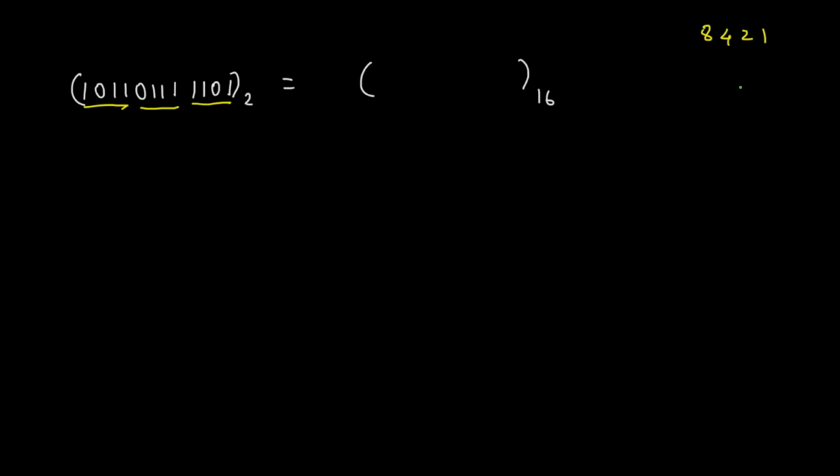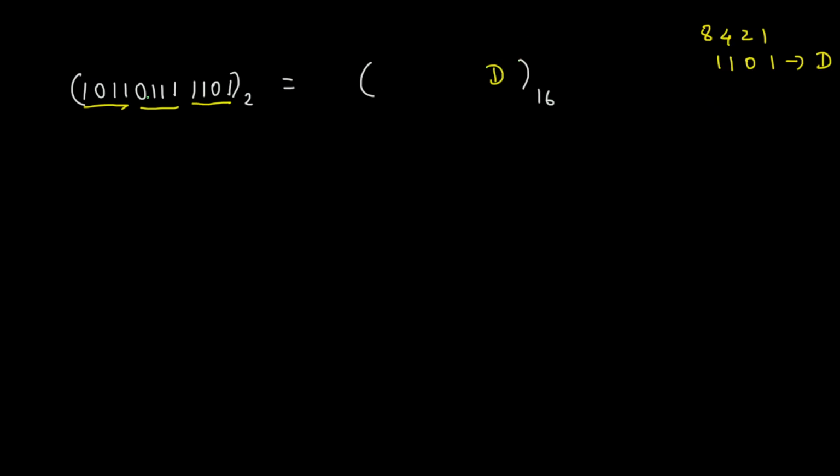The first one is 1 1 0 1. We have an 8 and a 4, 12 plus 1, which is 13 in hexadecimal. We know that A is 10, B is 11, C is 12, D is 13. So this is a D.